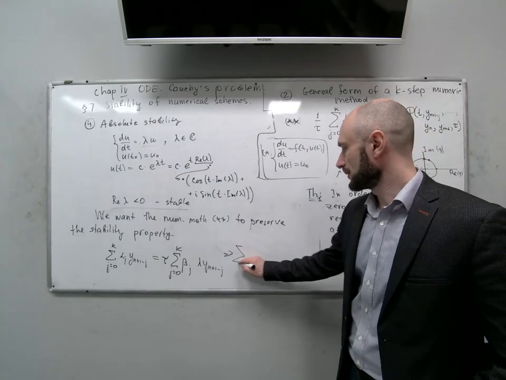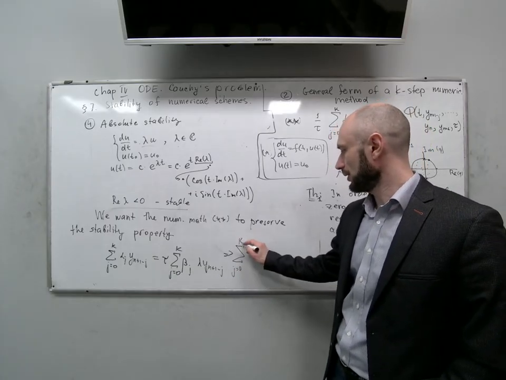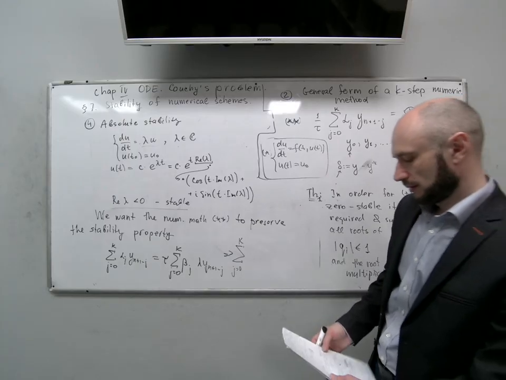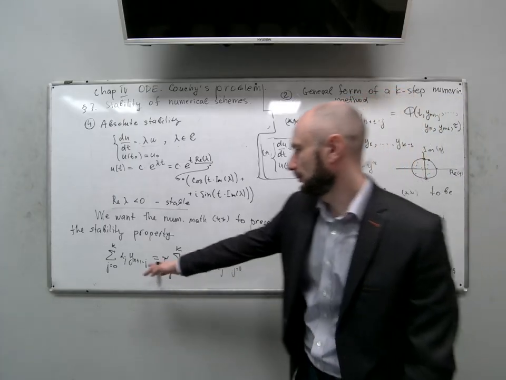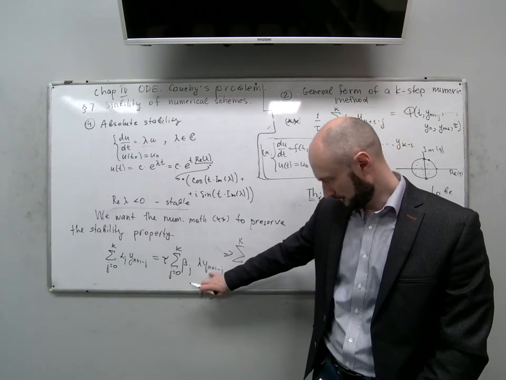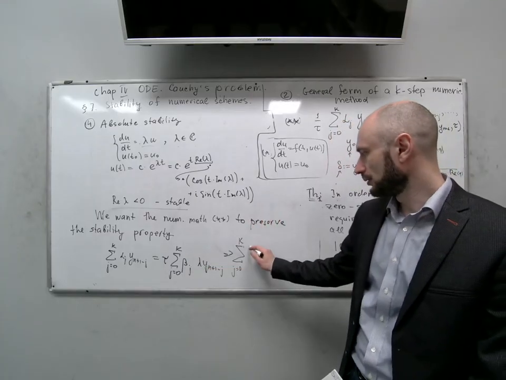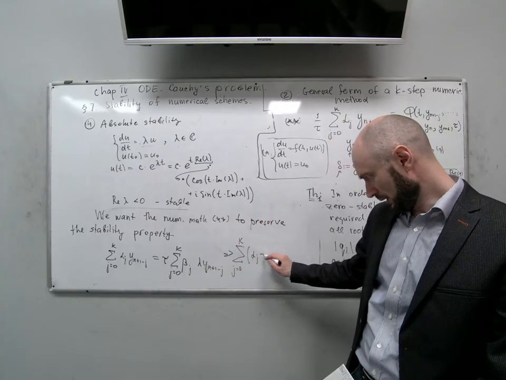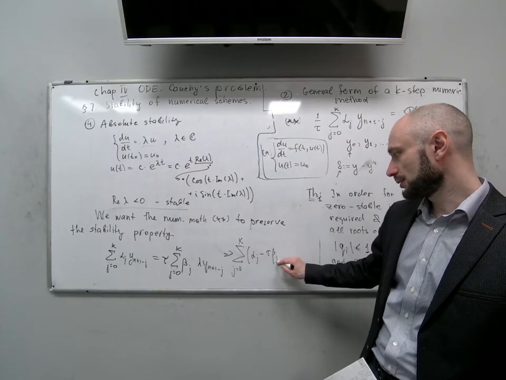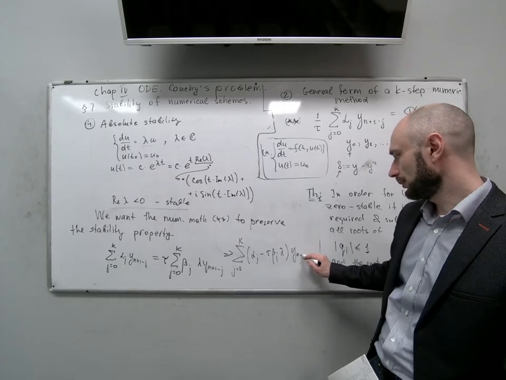We will get the sum over j from 0 to k, where we just put this y n plus 1 minus j outside the brackets: alpha j minus tau beta j lambda, times y n plus 1 minus j.